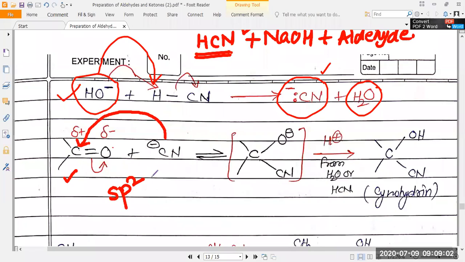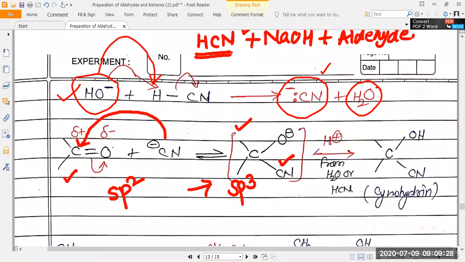The hybridization of this carbon changes from sp2 to sp3; this is the planar structure, and this is the tetrahedral structure. Now this carbon, this is the oxygen, and this one bond will be free, and the nucleophile will attack in this manner.